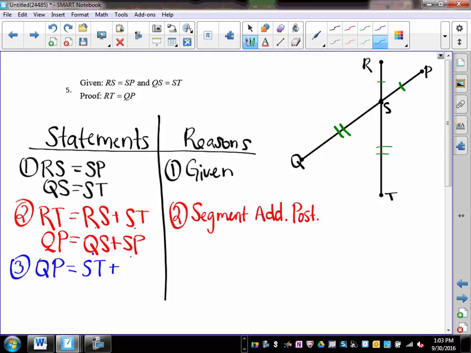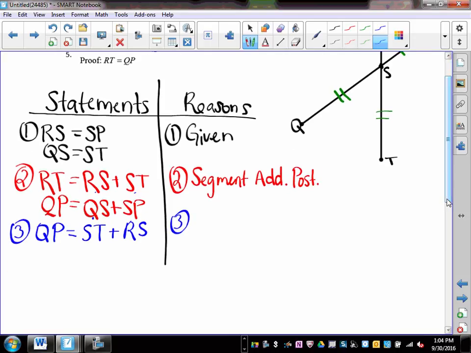And instead of SP, RS. Alright, this is what? Substitution. Is this transitive? No. We're taking one piece, putting it into another. Substitution. Alright, I'm going to go ahead and do my commutative because I didn't anticipate properly.